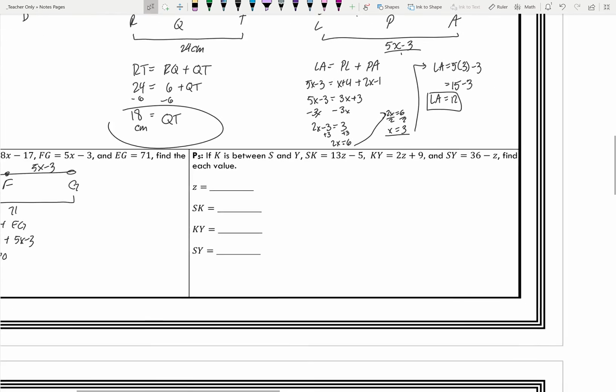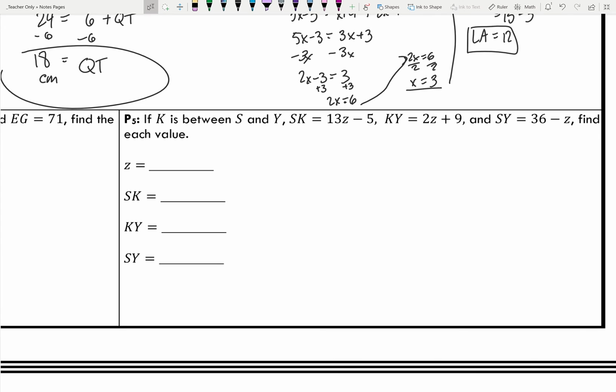P5. If K is between S and Y, SK is equal to 13Z minus 5, KY is equal to 2Z plus 9, and SY is equal to 36 minus Z. Find each value: Z, SK, KY, and SY.